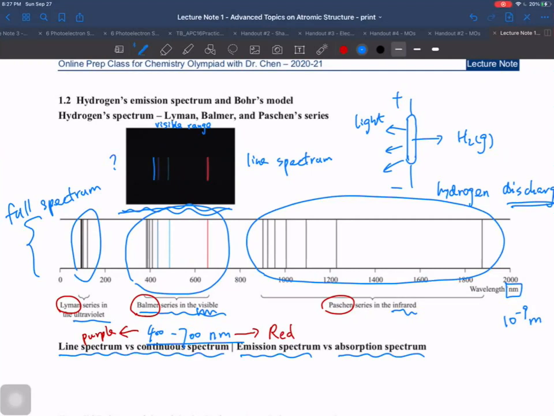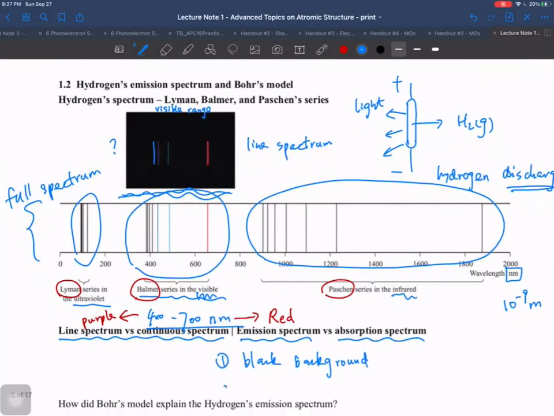So as you can see, first, it has a black background. Secondly, there are several lines appeared.